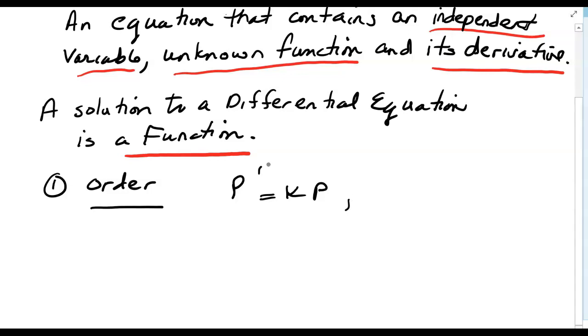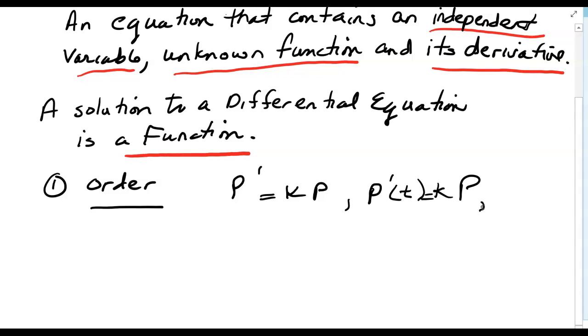Because when you see things like p prime, it really doesn't give you enough information to know what that independent variable is. So often, another way you'll see it is written like this, where p prime of t is now telling you that t is your independent variable.